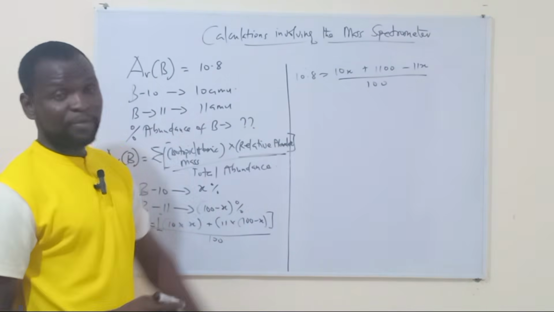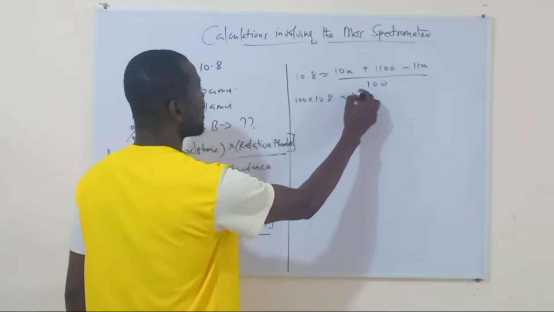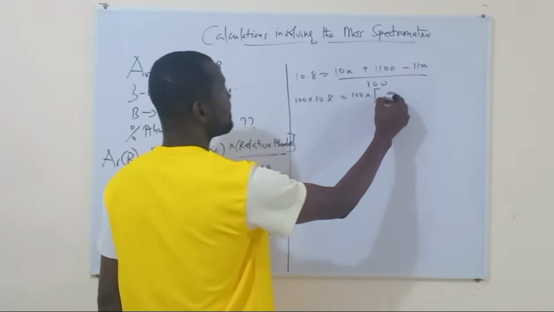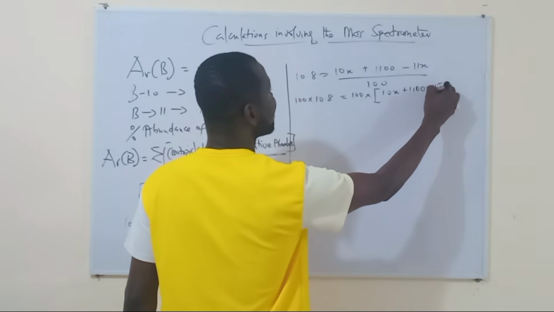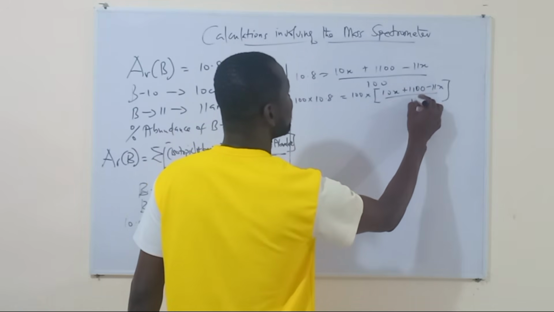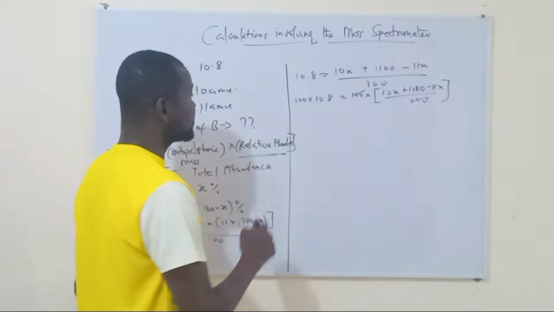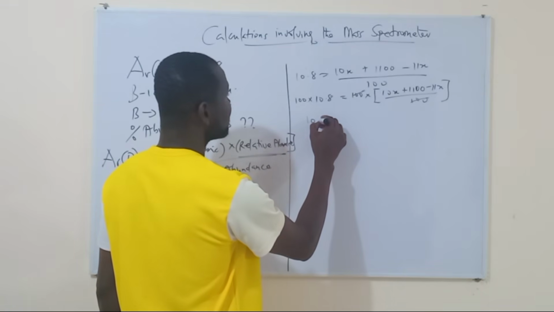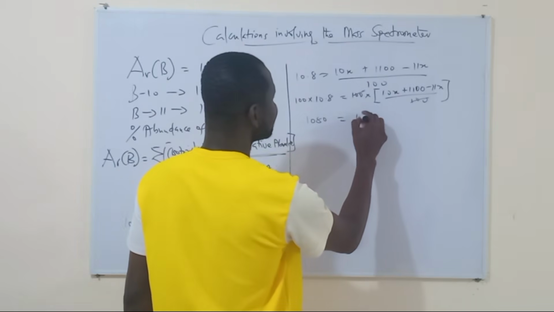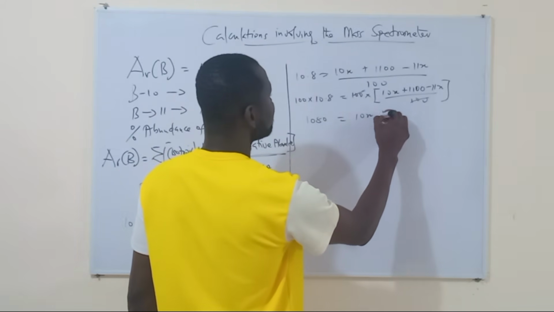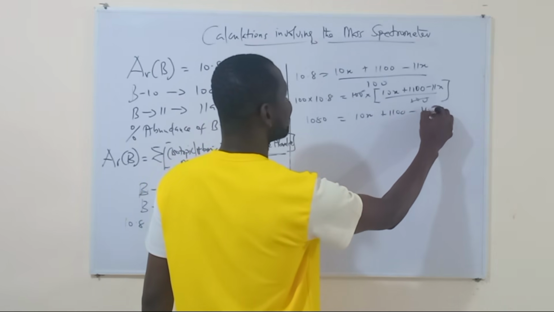I'm going to multiply both sides by the denominator. I get 100 times 10.8 is equal to 100 times 10x plus 1100 minus 11x, all over 100. The 100s cancel. 100 times 10.8 will give me 1080. This gives 10x plus 1100 minus 11x.